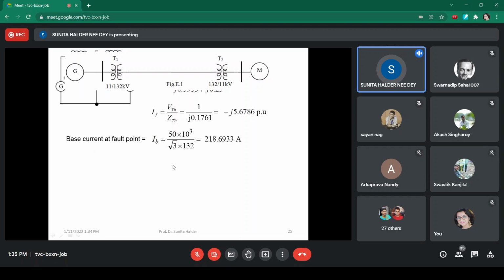From the circuit you can get all the currents in per unit, but whenever you convert to actual quantity, you must identify the base voltage of that portion, because base voltages are different for different parts of a power system. Have you understood?